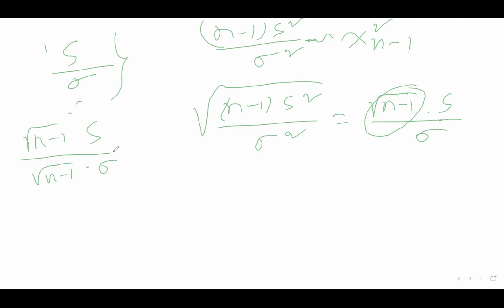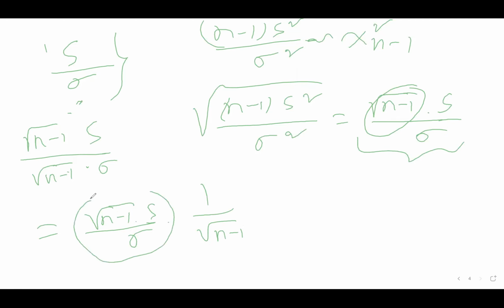We have S over sigma. So now this one can be written as square root of n minus 1 times S over sigma, and 1 over square root of n minus 1, right? Now from here we can see, what is this part?